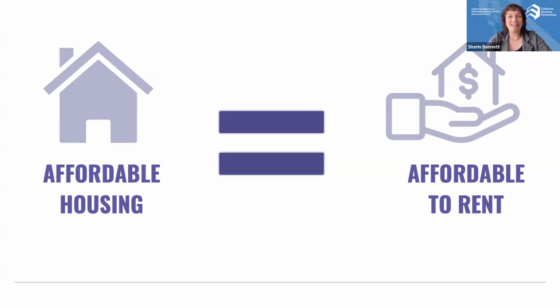For a little bit of context, LA County's 2025 60% area median income, so the middle of that range, for a household of two is just under $73,000. So we'll see a range of rents depending on household size and income, anywhere from $500 or $800 up to $3,000.